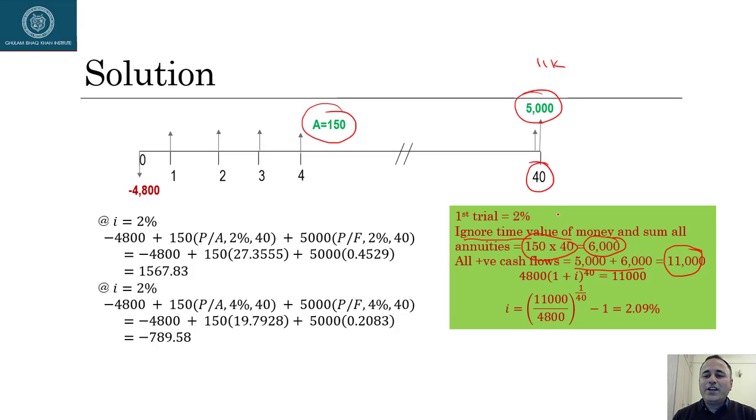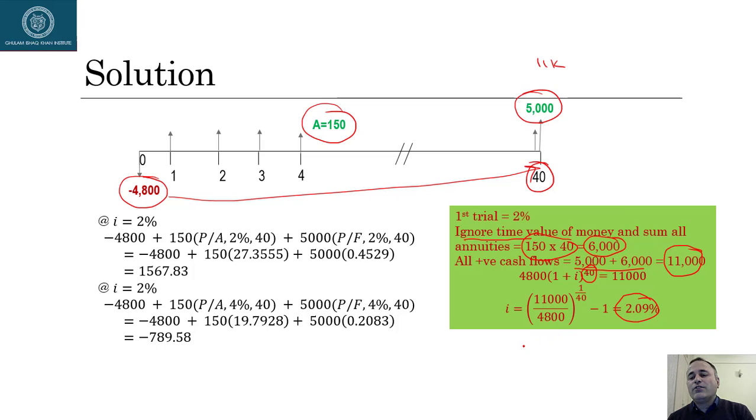So what rate will actually make $4,800 into $11,000 for 40 periods? If I solve for i, it is 2.09. But the factor tables are only for 2%, 3%, and 4%, and so on and so forth.